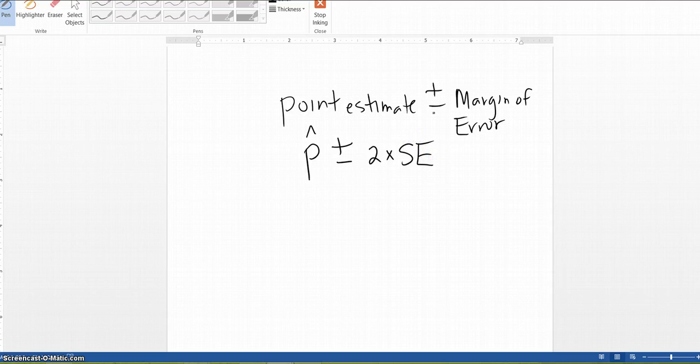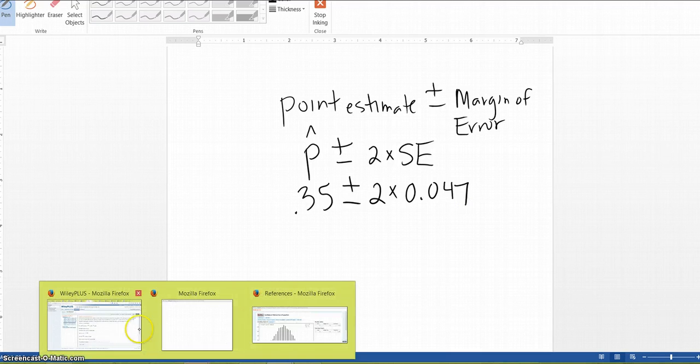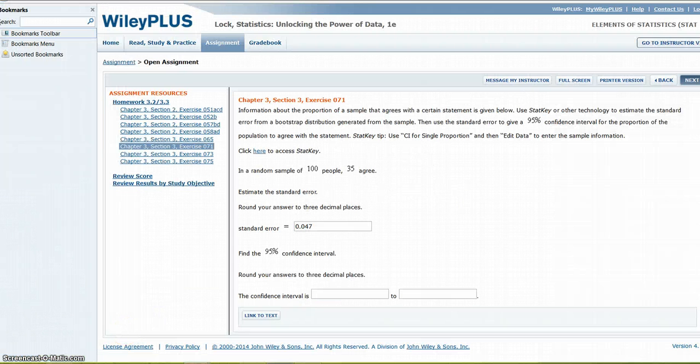I know my p hat was 35 divided by 100, so that's 0.35. Plus for the upper limit, minus for the lower limit, 2 times the standard error. My standard error was 0.047.